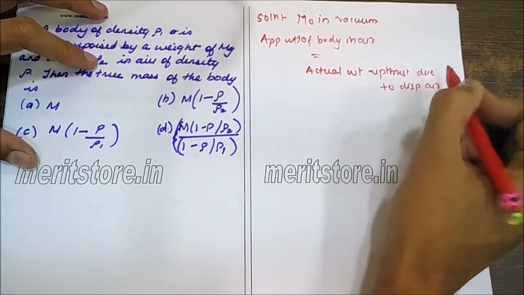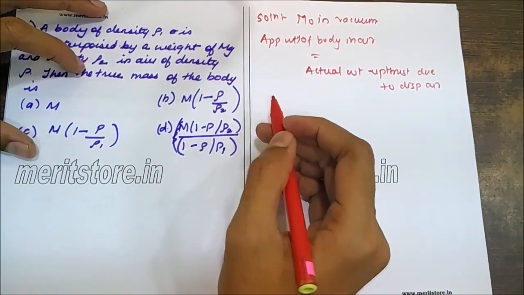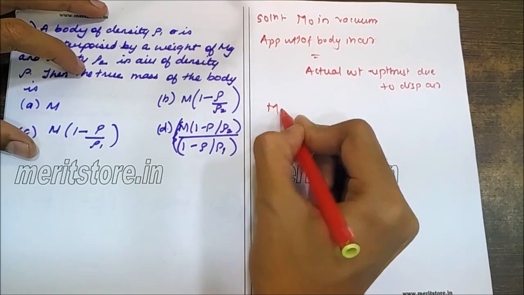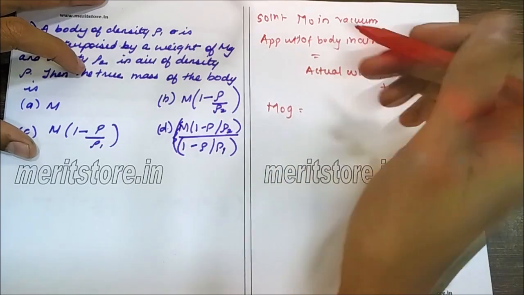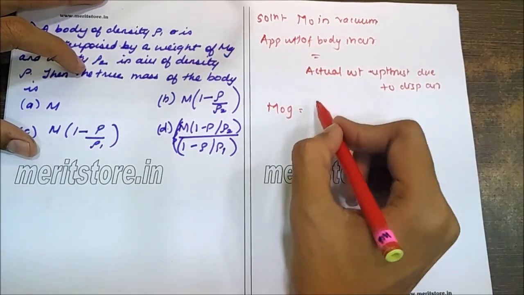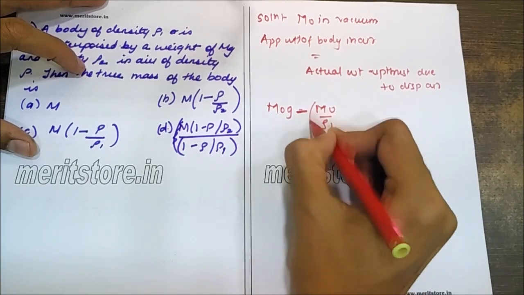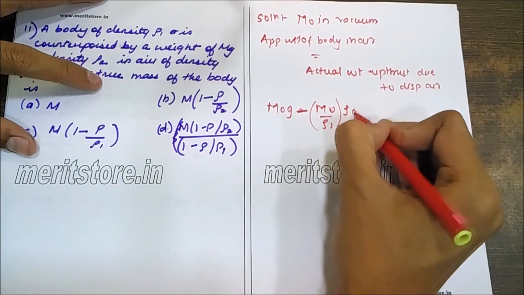So the apparent weight in air is equal to m0 g, that is in vacuum, multiplied by g, the acceleration due to gravity, minus m0 upon rho 1, that is the actual mass in vacuum upon rho 1, into rho g.